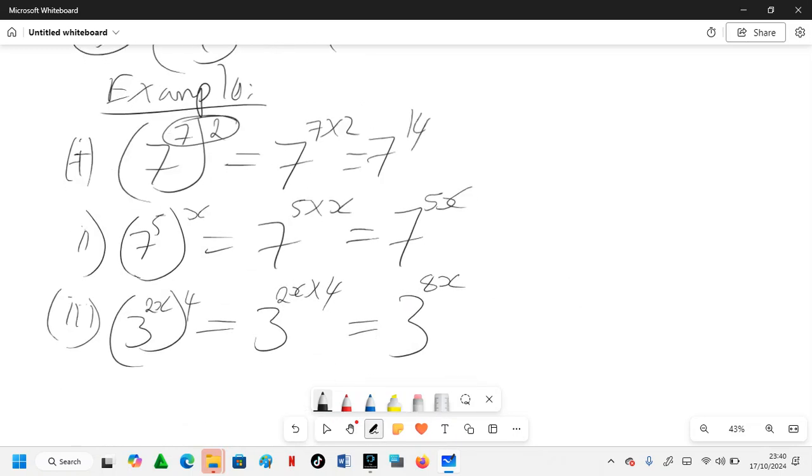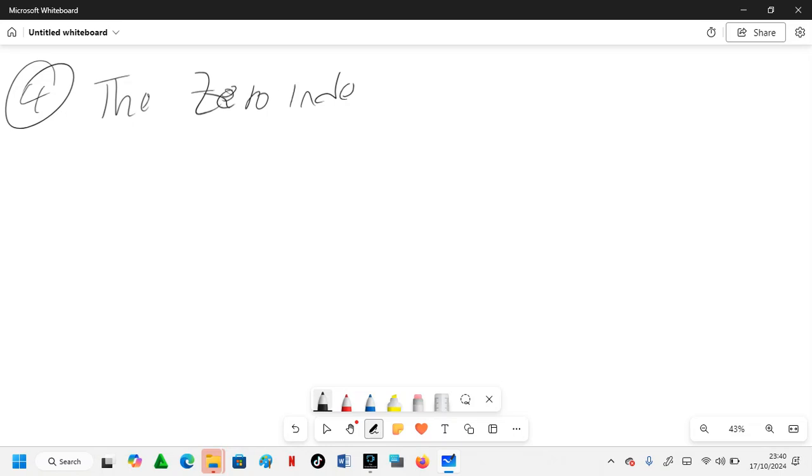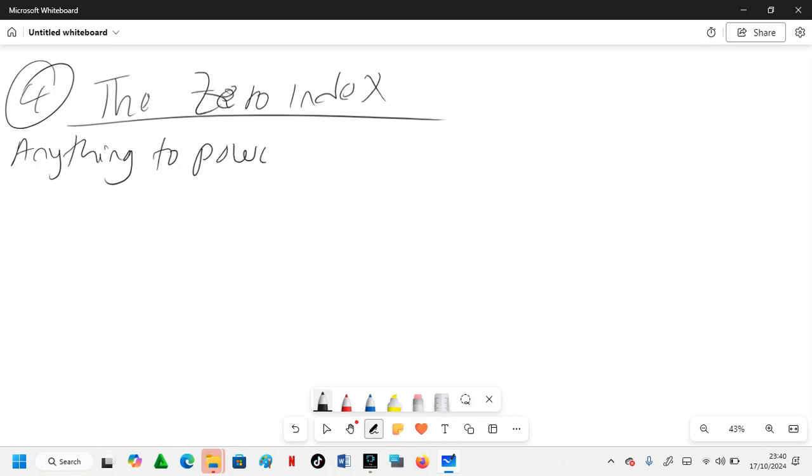Another thing, I'm going to call it a principle that we need to know as far as indices are concerned is about the zero index. The zero index. And I'm going to write a statement here and say anything to power 0 is equal to 1, right?